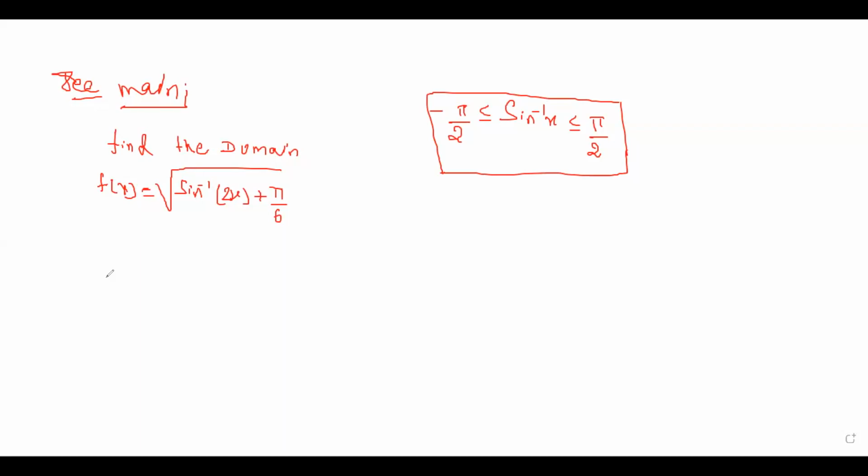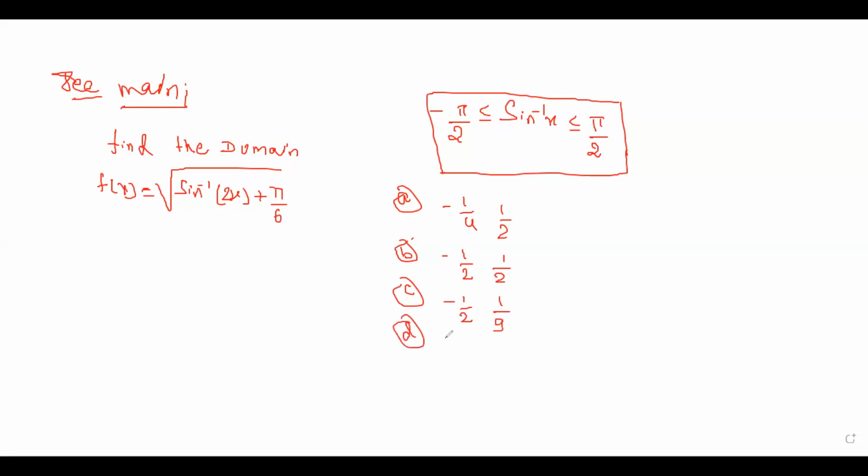Okay, and I am giving you options. A: open bracket, minus 1 by 4 comma 1 by 2, close bracket. B: minus 1 by 2 comma 1 by 2. C: minus 1 by 2 comma 1 by 9.